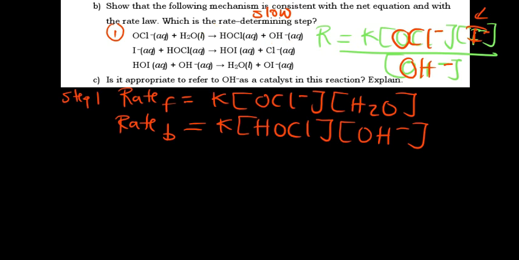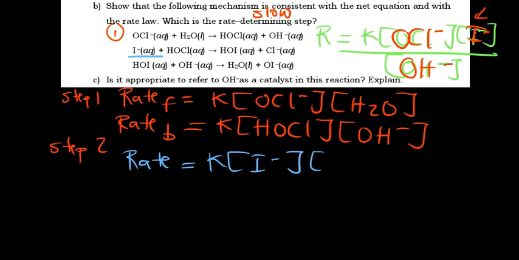And then for step 2, for a forward reaction, we can see that iodide is part of the rate law. For a backward reaction, we don't have anything, so we'll only focus on the forward. So our rate for step 2 becomes K iodide and then HOCl.